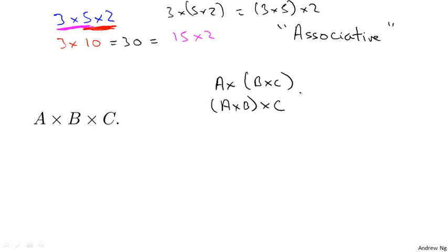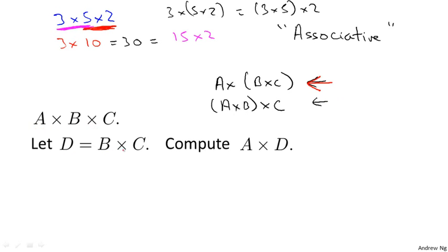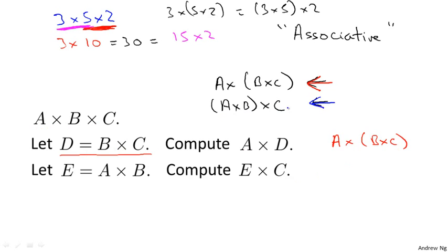So just to be clear what I mean by these two cases, let's look at the first one. If you want to compute A times B times C, what you can do is first compute B times C, so that D equals B times C, then compute A times D. And so this is really computing A times B times C. Or, for this second case, you can set E equals A times B, then compute E times C, and this is then the same as A times B times C. It turns out that both of these options are guaranteed to give you the same answer.